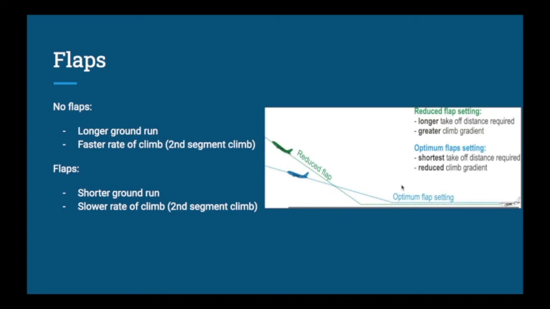If we have no flaps, it's going to take longer for the ground run, but once you are airborne, it's going to climb a lot better just because we have less drag on the airplane, so it's going to be able to climb better than if we had our flaps down. And the transition when to use flaps, when not to use flaps, really depends on obstacles.